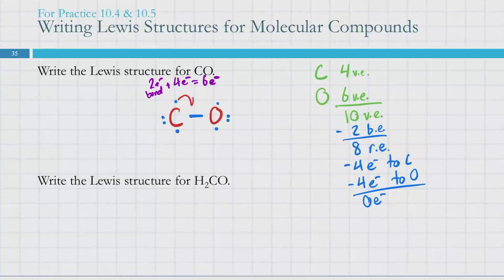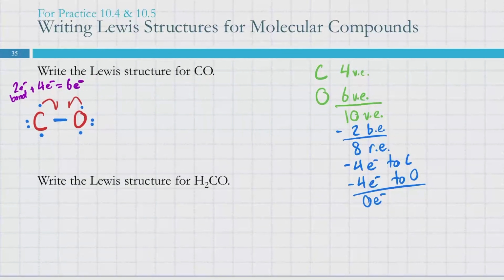So let's move in 1 electron from each. Let's scooch this over. So this would turn into this.